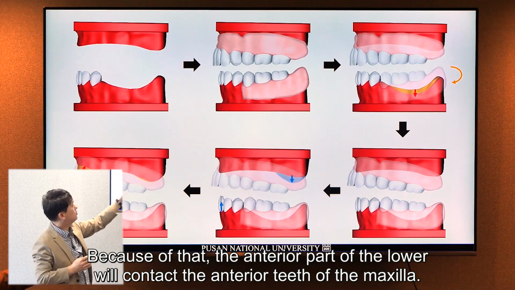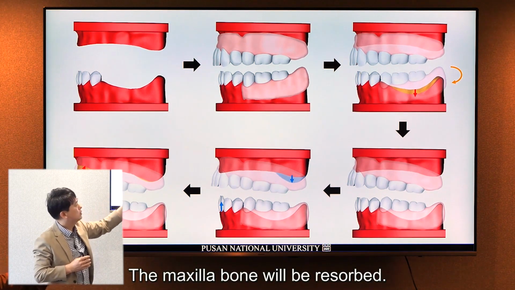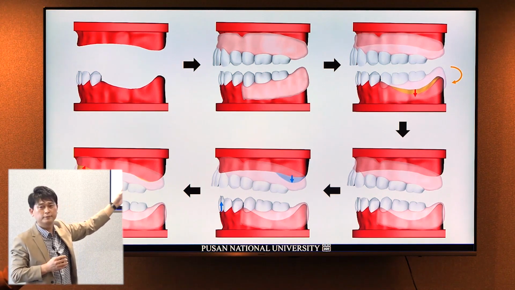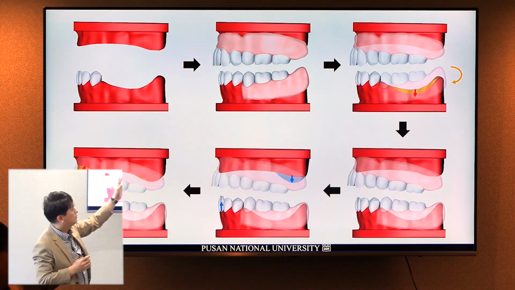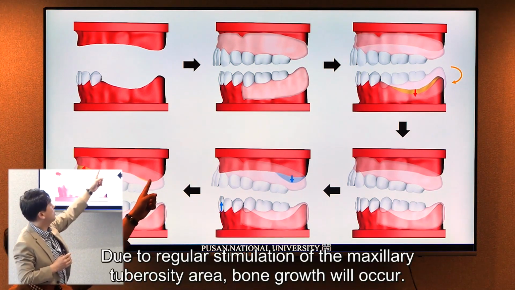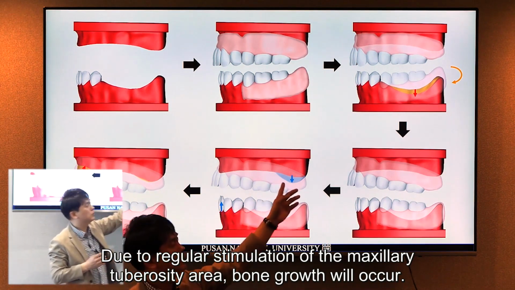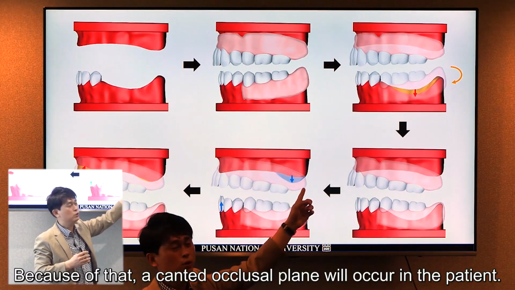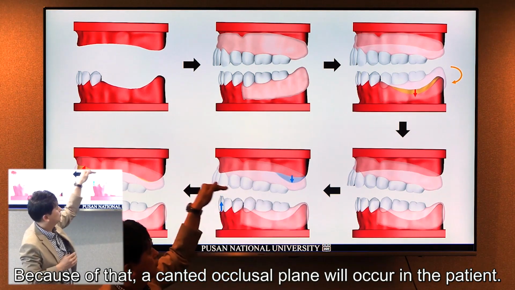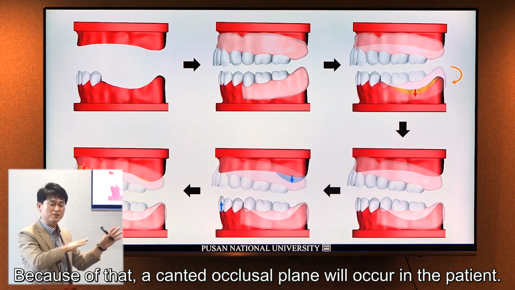Because of that, the anterior part will contact the anterior teeth in the maxilla, and the maxillary bone will be resorbed. And then, with regular stimulation of the maxillary tuberosity area, bone growth will occur. Because of that, the canted occlusal plane will be fixed in the patient.